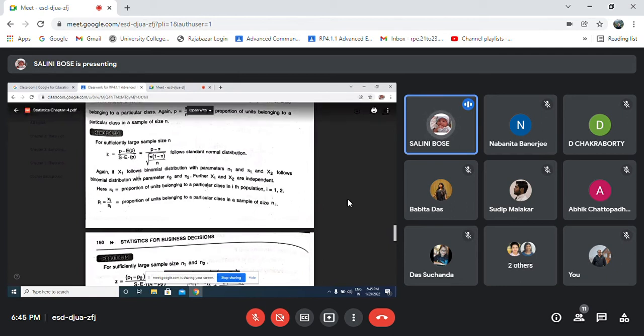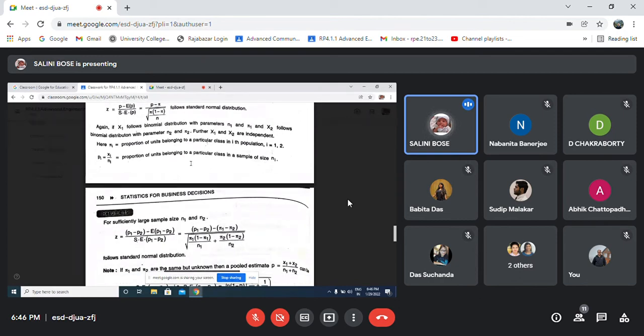In terms of sample we can say sample minus sample mean by standard error, because standard deviation is for population. For a sample, the standard error of p will be root over pi into 1 minus pi by n. So just by following those formulas, we can say this is the standard normal distribution for a binomial population.